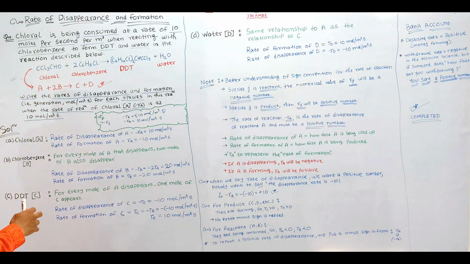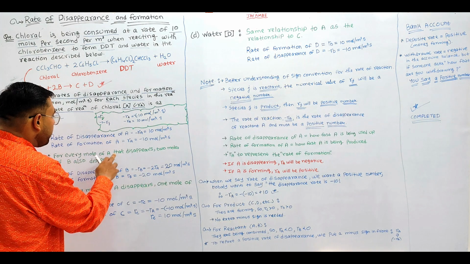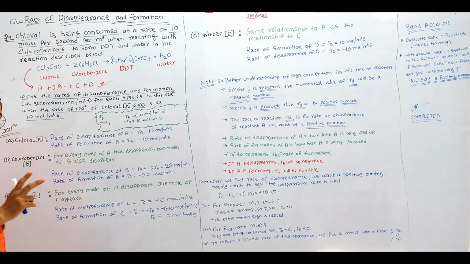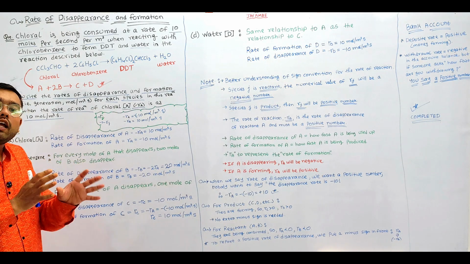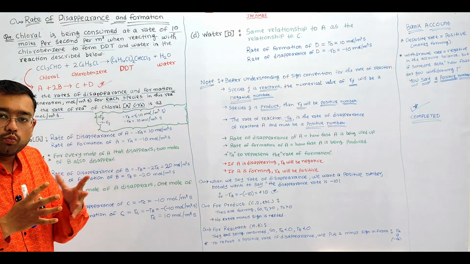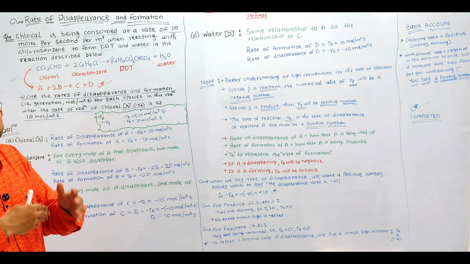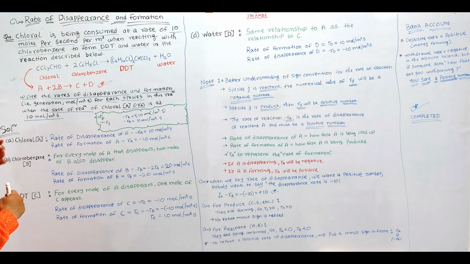So for every mole of A that disappears, 2 moles of B also disappear, and get converted into the products C and D.